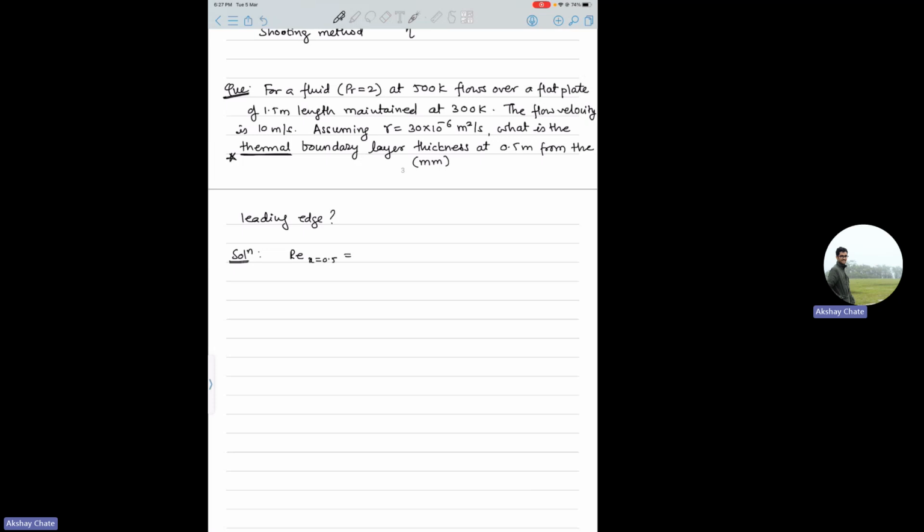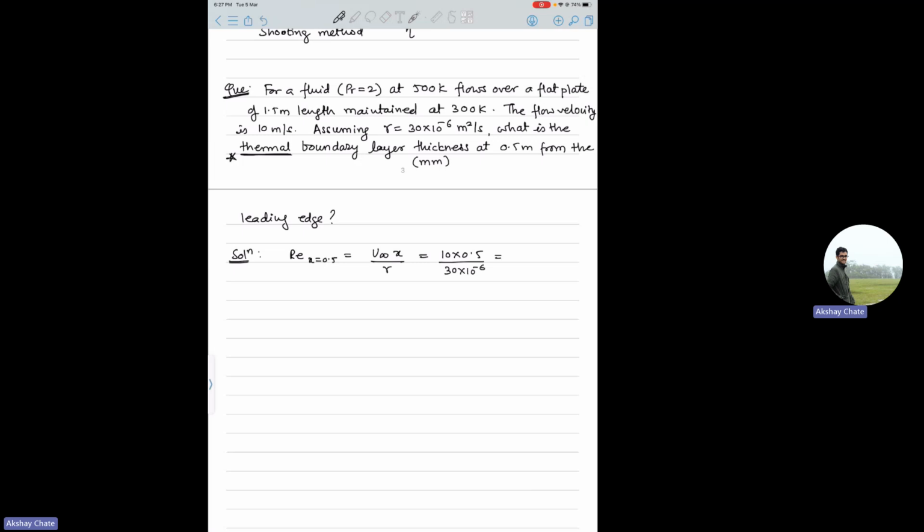So this will be U infinity times x divided by nu. And they had mentioned that at 0.5 meters from the leading edge. So you just put in this 10, this 0.5, and this is 30 into 10 to the power minus 6.